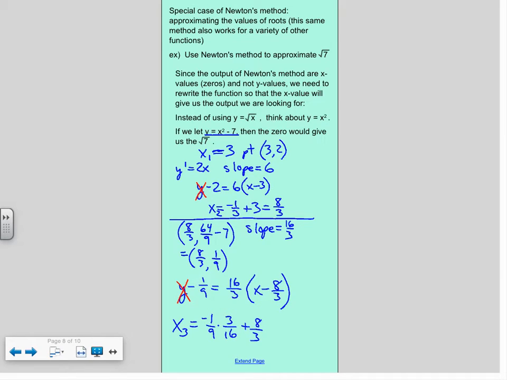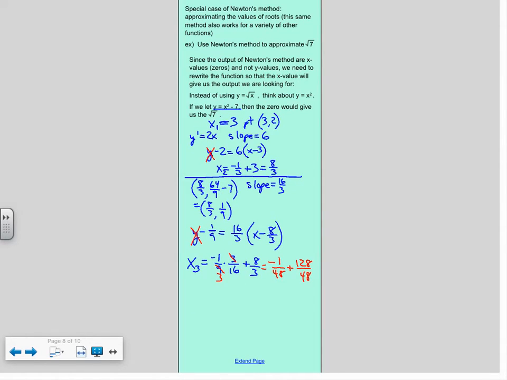And doing a little bit of crisscross here, we end up with negative 1/48 plus 8/3, so times 16, plus 128/48. So we end up with a final approximation after 2 iterations of 127/48.